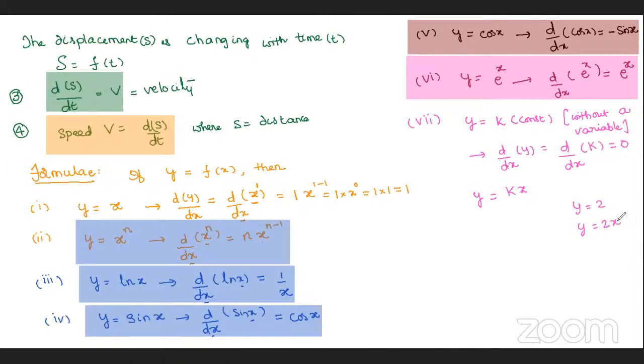Without x or some other z or t, then you can say it is 0. If there are variables, how to write those, we try to practice now, basing on these fundamental formulae.